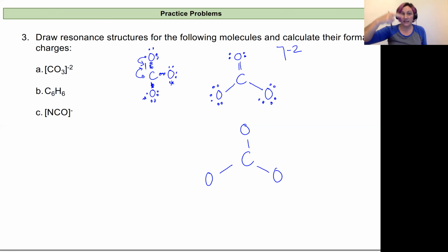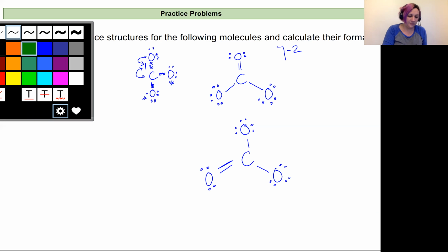Rather than placing it on the one on top, I'm going to put it over here. This oxygen with the double bond can only have 2 lone pairs and still obey the octet rule, and the 2 with the single bond really need 3 lone pairs. So I'll put my 3 lone pairs there, and I'll see that I have essentially the exact same molecule. It looks like I just rotated it, but I've really shifted where that double bond is and replaced it with lone pairs.